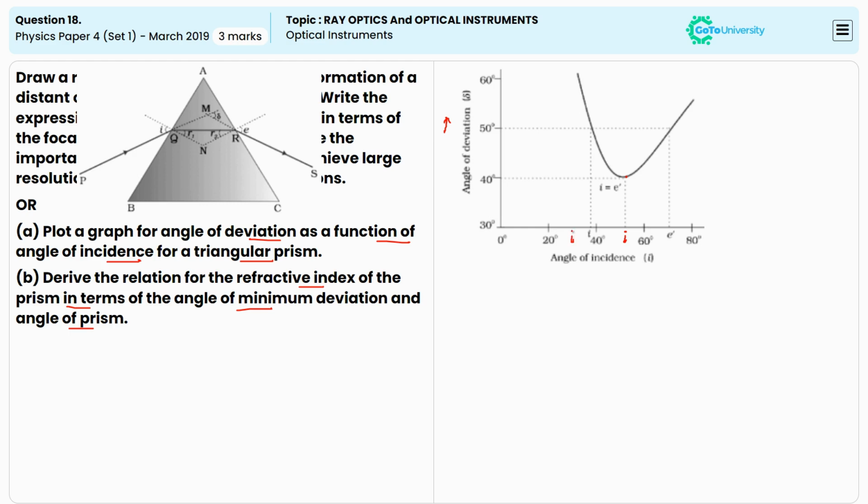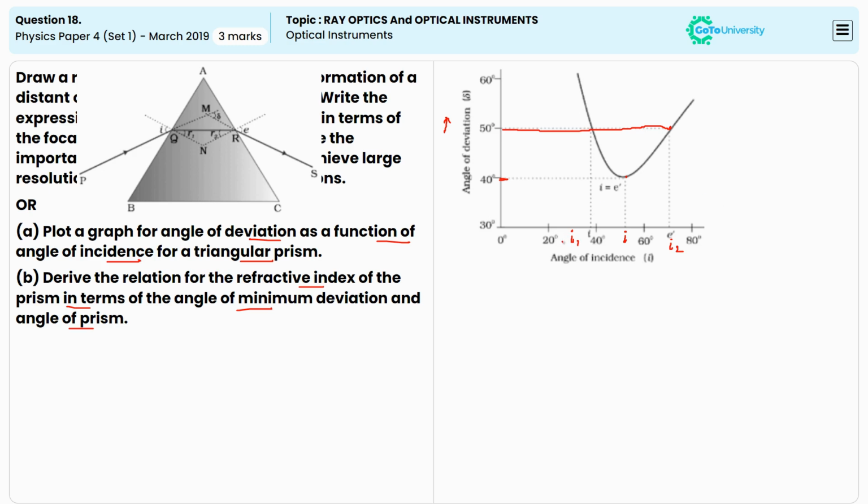I can call this I1, and this I2, where I1 is the angle of incidence and I2 is the angle of emergence. On the y-axis this is delta, the angle of deviation for incidence and emergence.